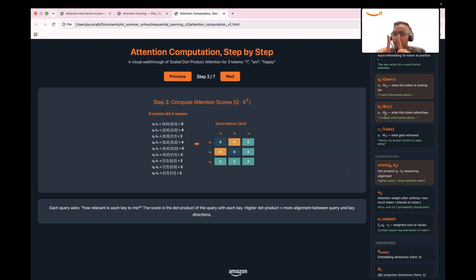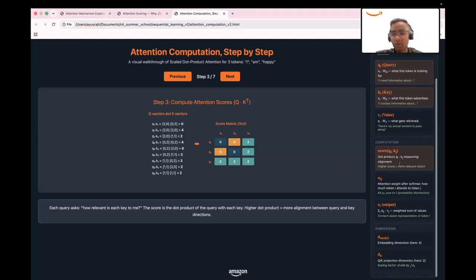And the key vector of this one would have the role of providing information when other tokens query it. So when we get the score between qi and kj, it measures that relevance score, the attention score between qi and kj.